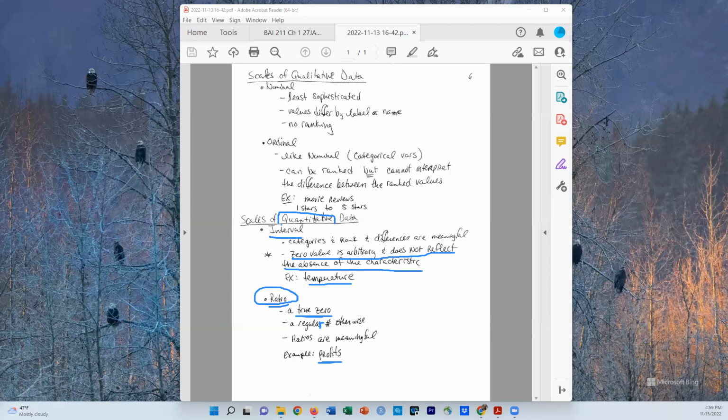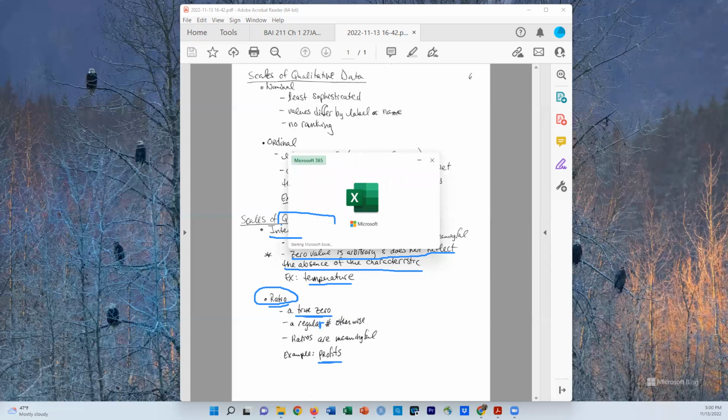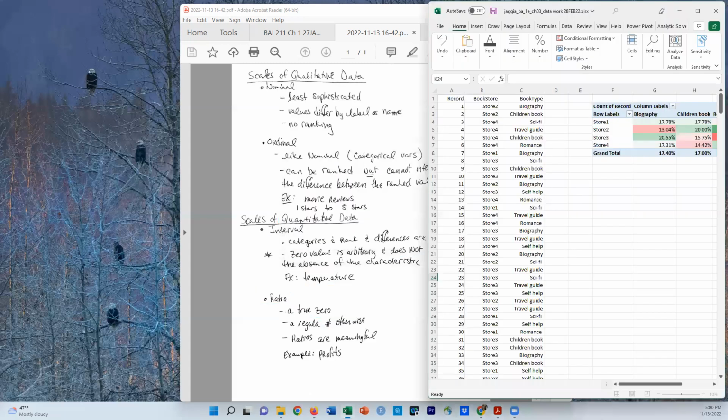Okay, that's it for that. The next thing I want to talk about is when you're getting quartiles of data. I'm going to pull up some data now, just to help us look at something while we're doing this.